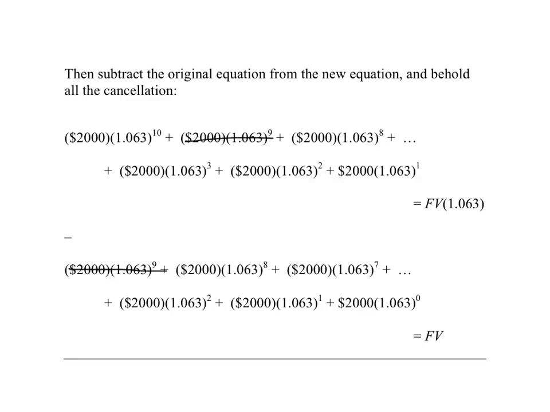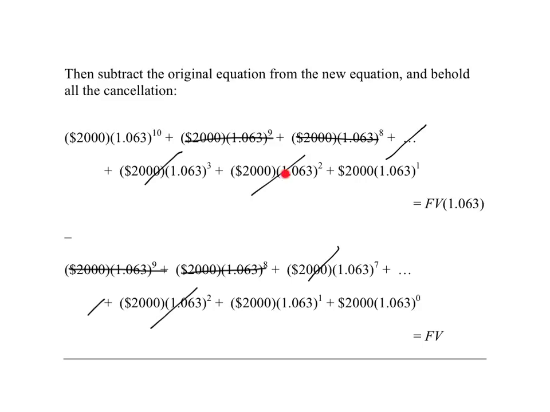I've also got a 2,000 times 1.063 to the 8, and among the things I'm subtracting off is a copy of exactly that same thing, 2,000 times 1.063 to the 8. So I get to cancel these as well. All the way down the line, I'm getting cancellation galore. There's a 1.063 to the 7 term here that cancels with the corresponding term there. I get cancellation, cancellation, cancellation. This one is canceling with that one.